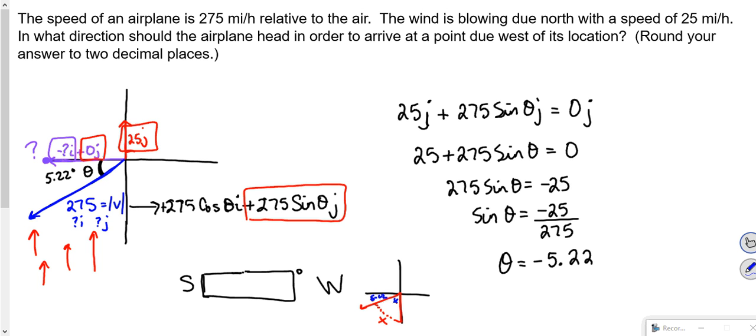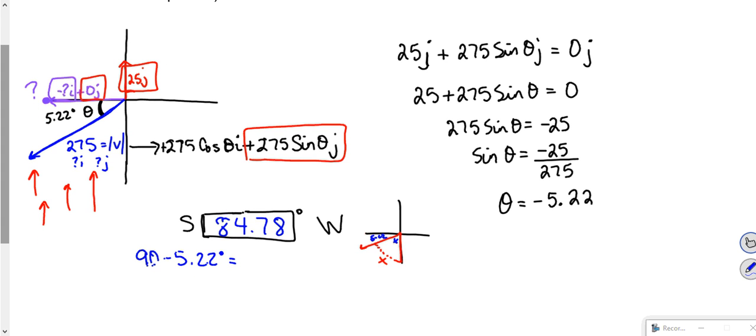I take 90 minus 5.22, which gives me 84.78. So 90 degrees minus 5.22 is 84.78 degrees west. That is my final answer.